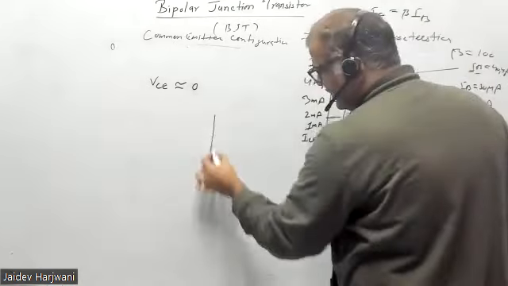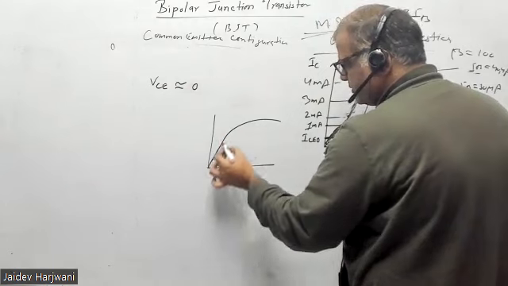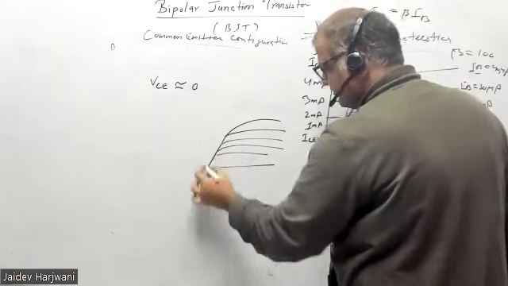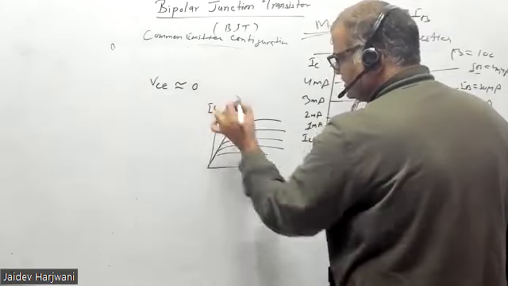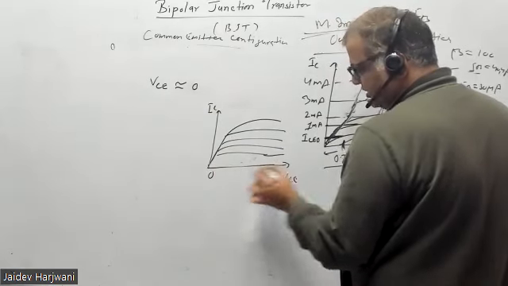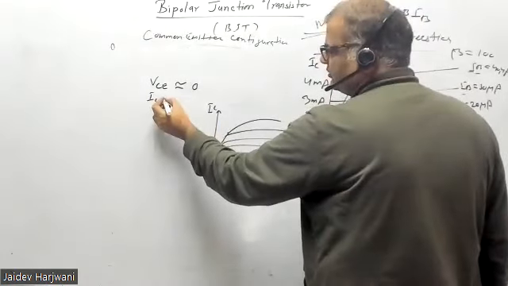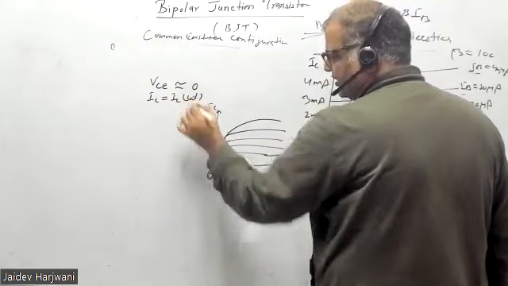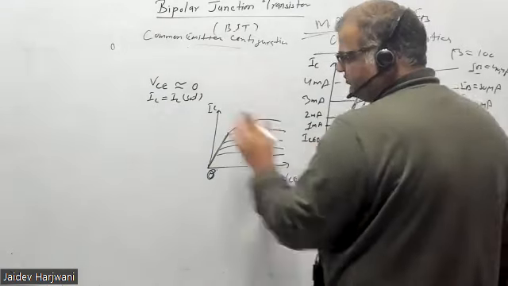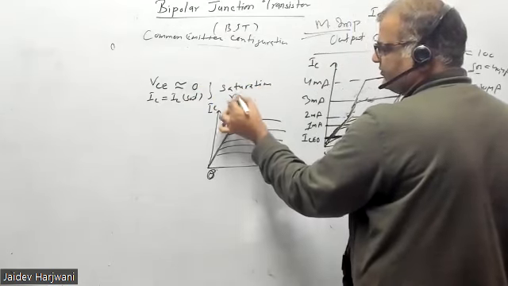I am plotting this curve again, so you should understand this curve is just like this, very close to here, IC. If VC is close to 0, the current flowing in the circuit, IC, will be equal to IC saturation. Very high current will flow in the circuit. Saturation current will flow. If this happens, that is called the saturation region. The transistor is working in the saturation region.